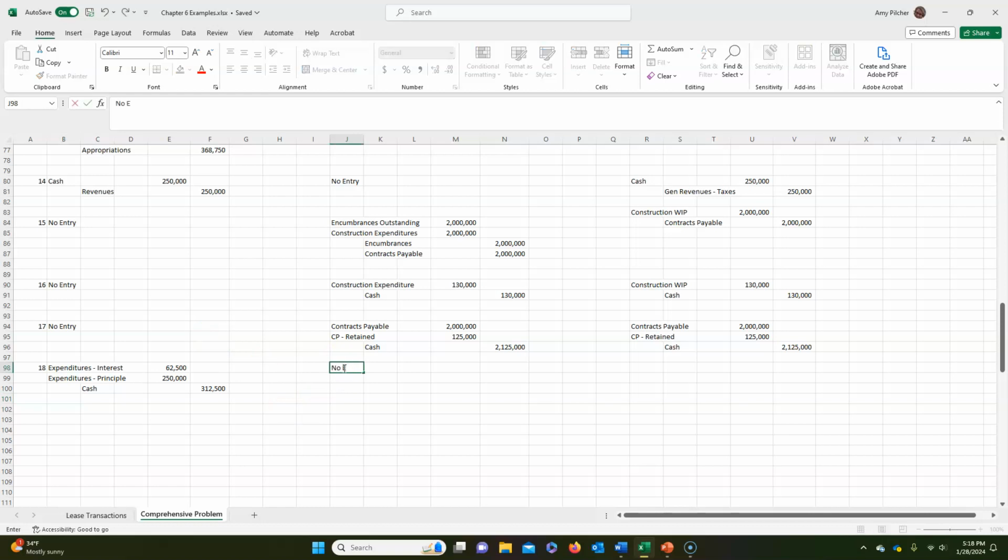There is no entry in the capital projects, and then we have our premium on bonds payable that, remember, we're amortizing over 40 years.